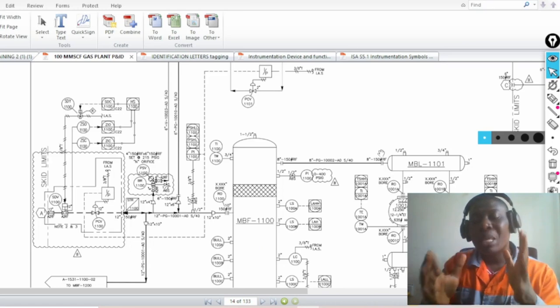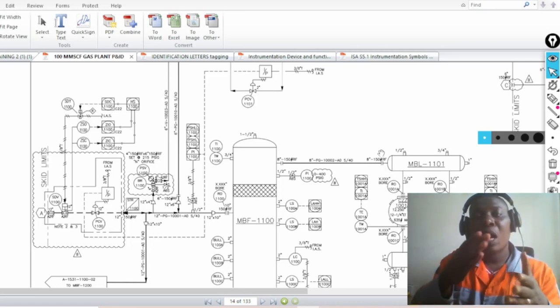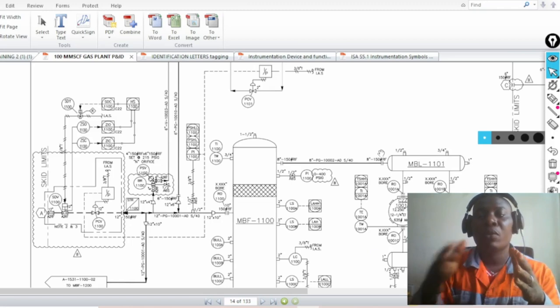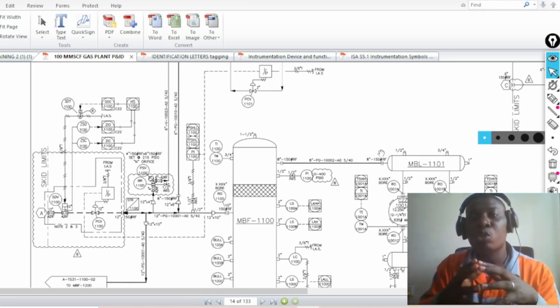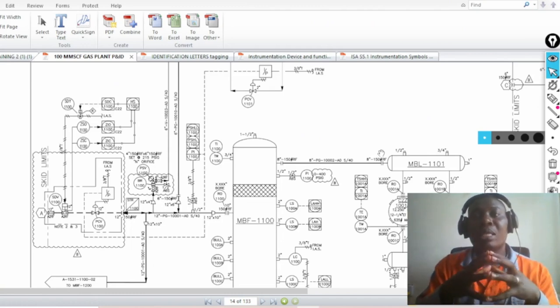Now what makes the equipment have the higher ranking is the architecture. During SIL verification, that is when you know the architecture of the SIL in order to be placed in that particular area.